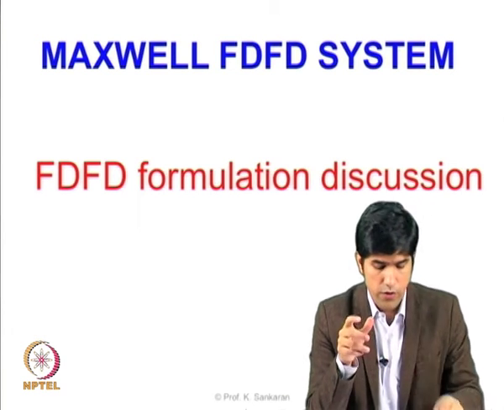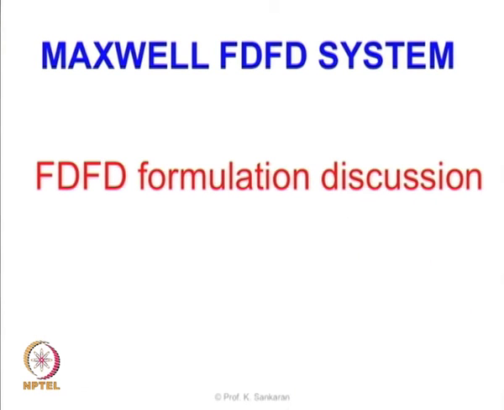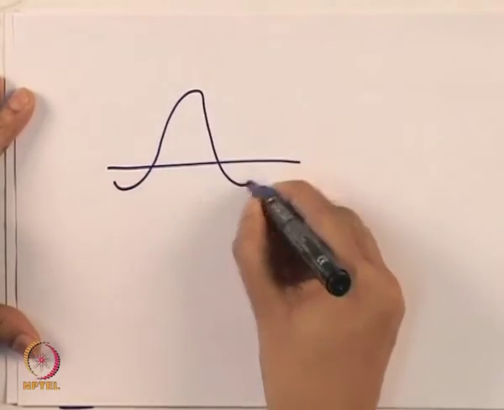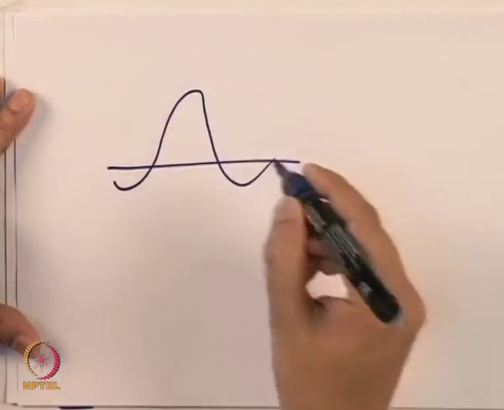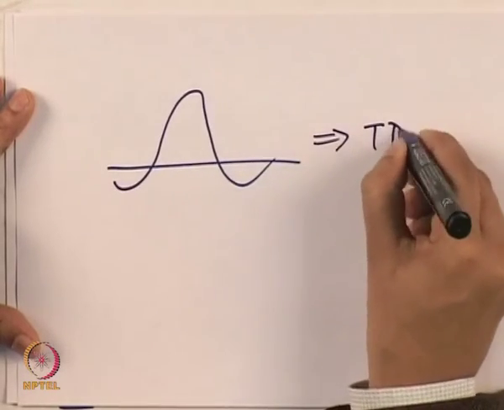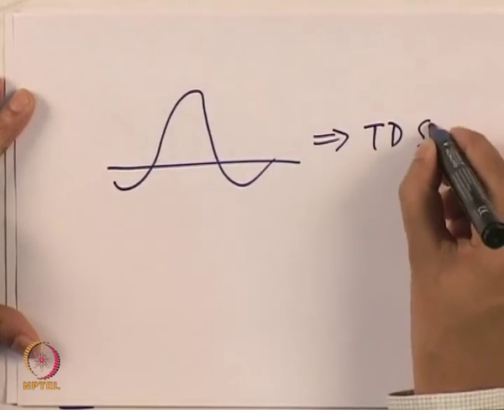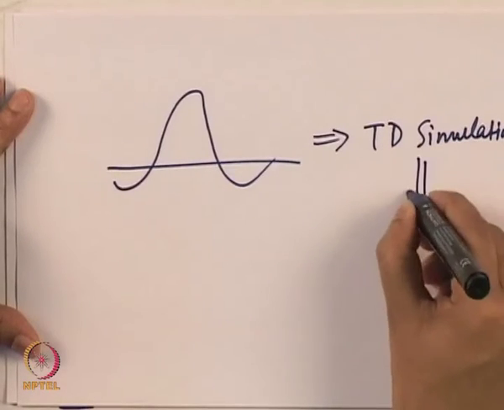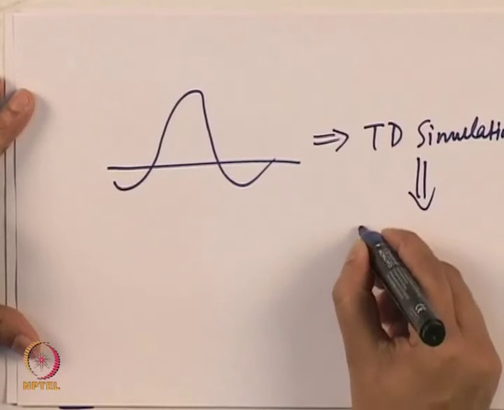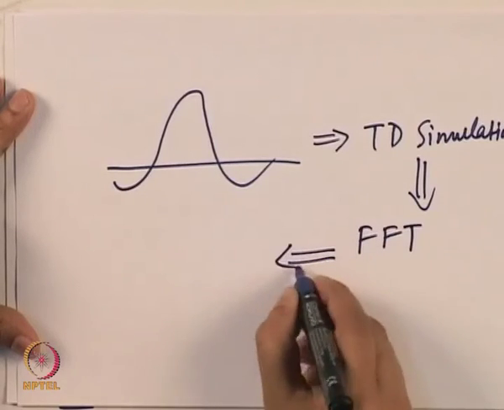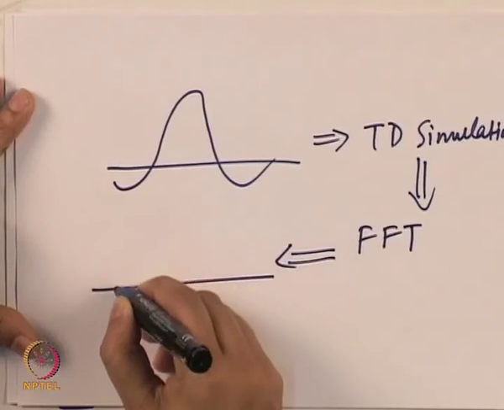So when you want to run a simulation in time domain for multiple frequencies, you take a sinc function with certain bandwidth and you do a time domain simulation, then you get the results in time domain, and you do the fast Fourier transform, and you get the entire bandwidth of frequencies that you are interested in.